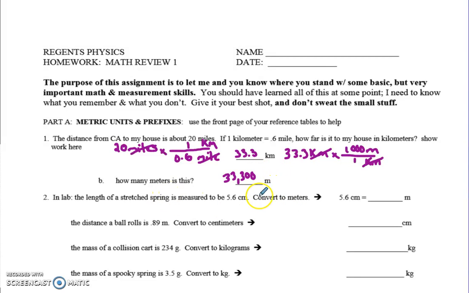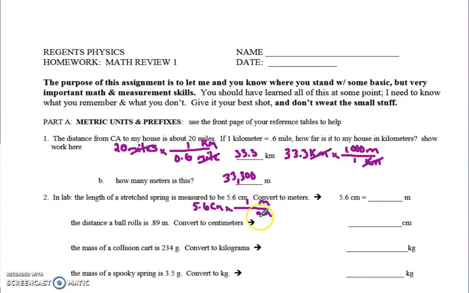In the next one, in lab, a stretched spring is measured to be 5.6 centimeters. Convert this to meters. So I have 5.6 centimeters, centimeters being smaller than a meter. I set up a similar process, centimeters down below, meters up top. Meters are bigger.